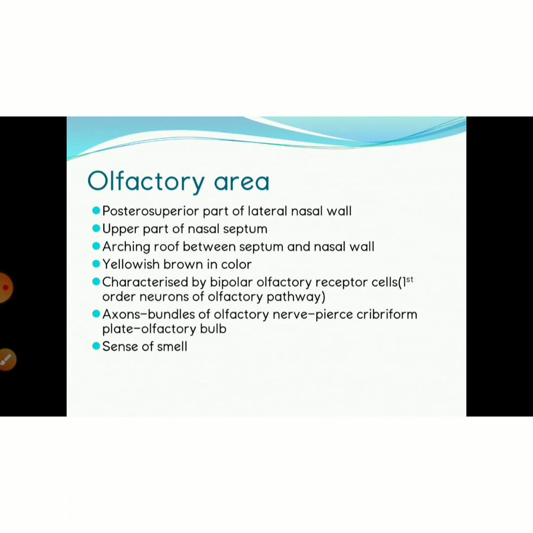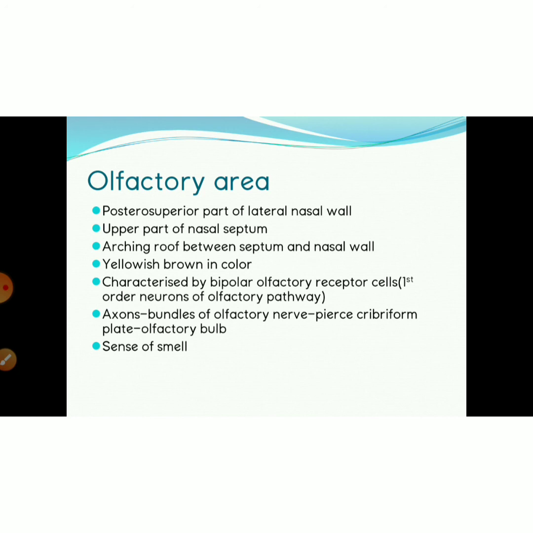Now coming to the olfactory area. It covers the posterior-superior part of the lateral nasal wall, including the back of the superior concha and sphenoethmoidal recess. We will talk about those terms later. It will also cover the upper part of the nasal septum and the arching roof between the septum and the lateral wall.